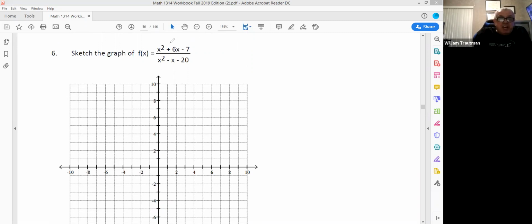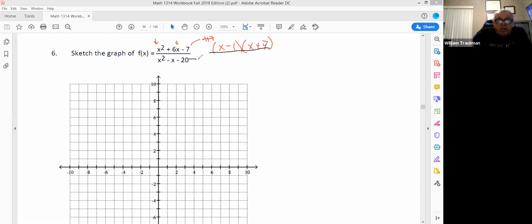So we have to factor the top and the bottom. Well, luckily, there's nothing in front of the x squared. So that means we just take all the factors of 7. 1 times 7, that's it. A +7 and a -1 give me a +6. So this factors to x minus 1 and x plus 7, the top.